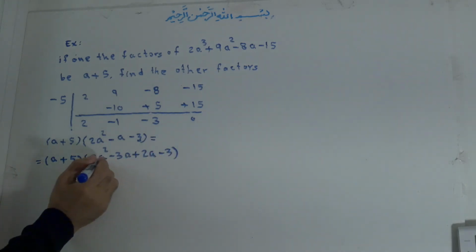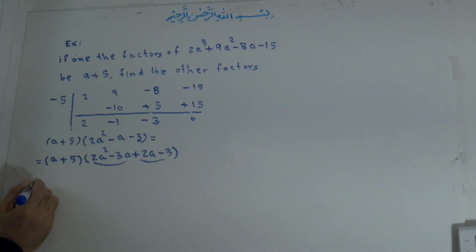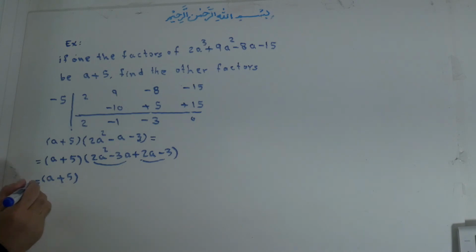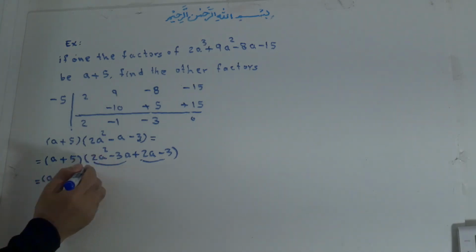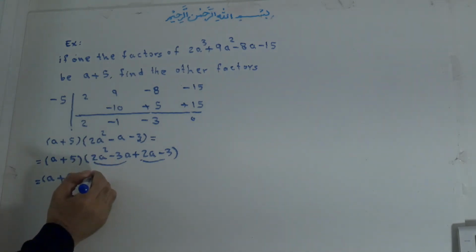We can take this 2 and this 2, for this 2 is equal to a plus 5, a plus 5, and here a is common.